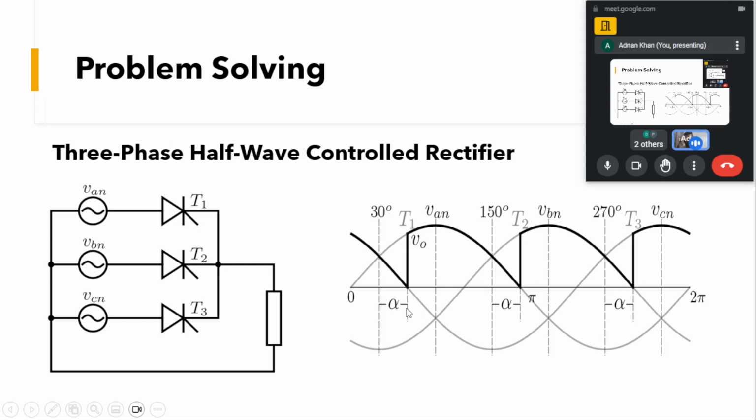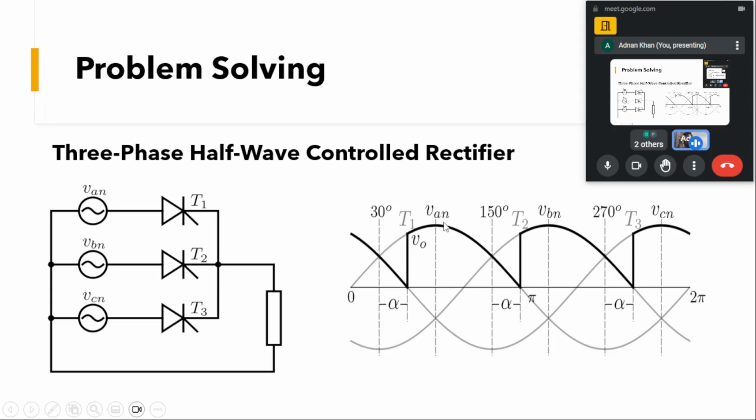Here in the question it is given n degree, you can assume n is equal to alpha, it will be turned on after a certain instant. So T1 will start conducting at 30 degree plus alpha degrees.